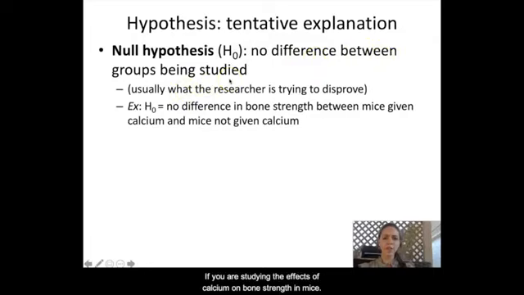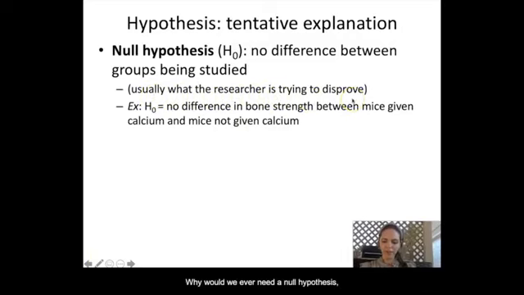Okay, so for example, if you are studying the effects of calcium on bone strength in mice, the null hypothesis in this case would be that there's no difference in bone strength between mice given calcium and mice not given calcium. And the null hypothesis is usually what the researcher is trying to disprove.